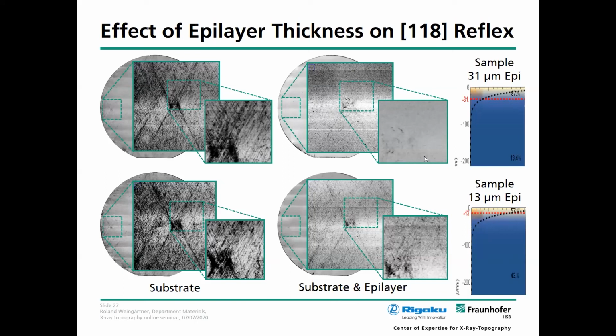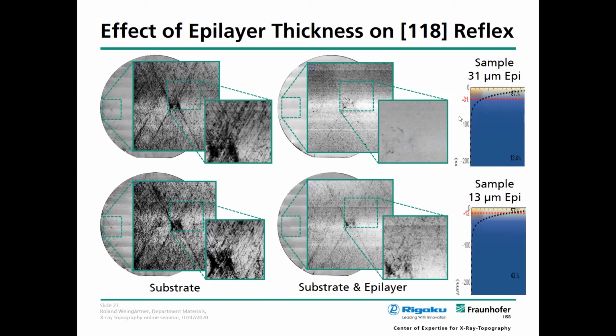So if you have a good epilayer process, you can get rid of a lot of defects from the substrate. Nevertheless, where you have this large part of defect clustering, of course, you always see something. The problem goes really inside the epilayer. But the rest is almost free of it.